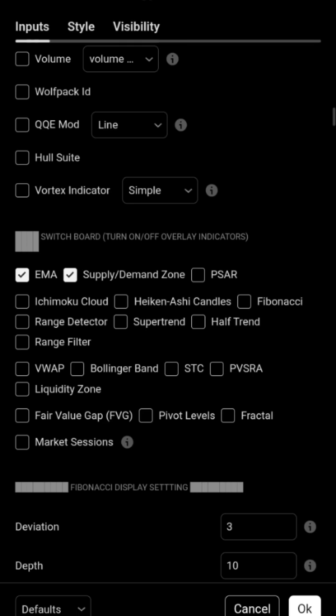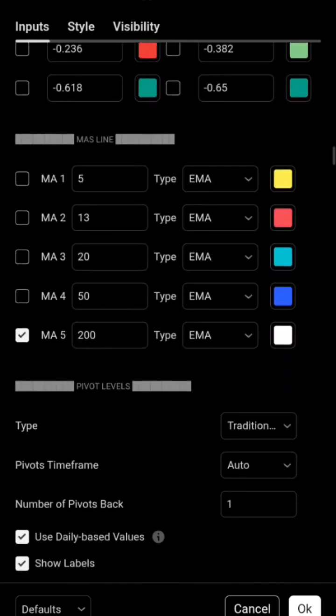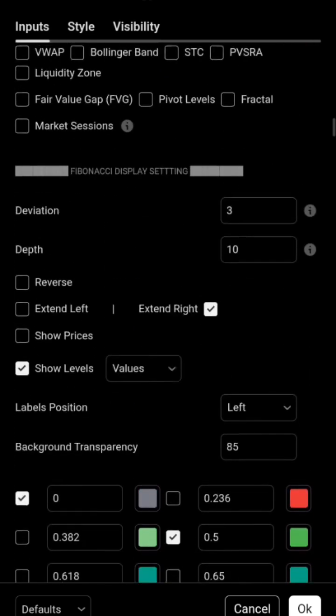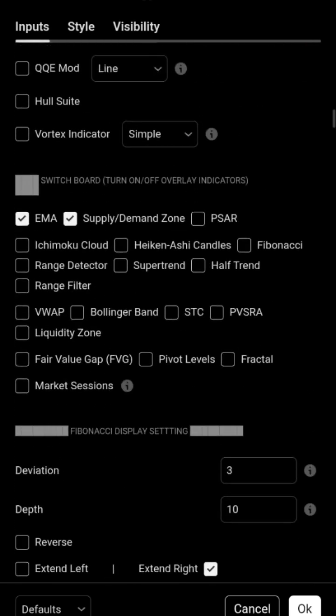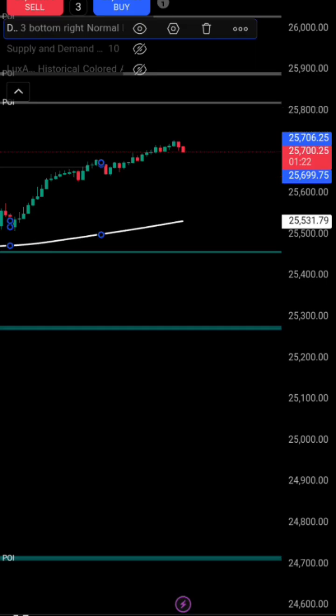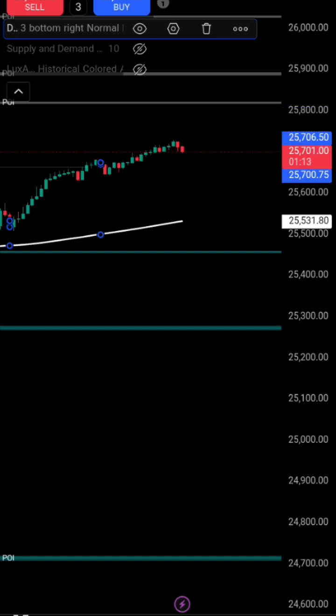You see I only have supply and demand, and I have an EMA, which is right here, the 200. I have the 200 EMA, and the only thing I have active is supply and demand zones. I don't have any of the indicators set up on here, the dashboard or the signals. I'm just simply using supply and demand and this 200 EMA. So that is what the DIY indicator looks like.